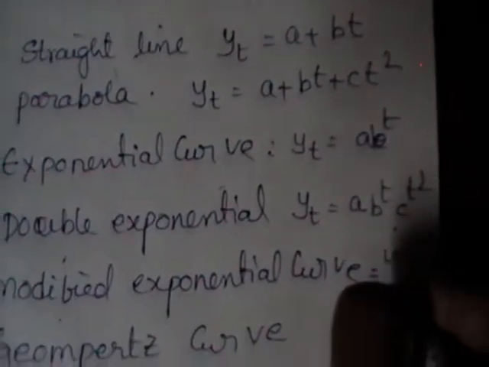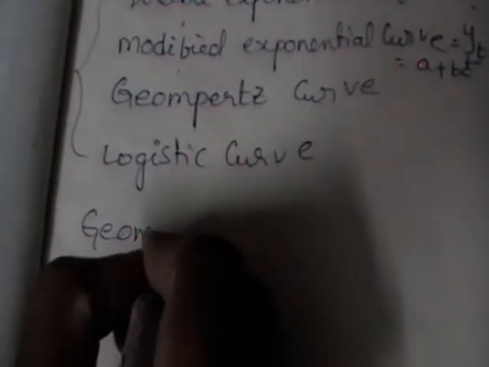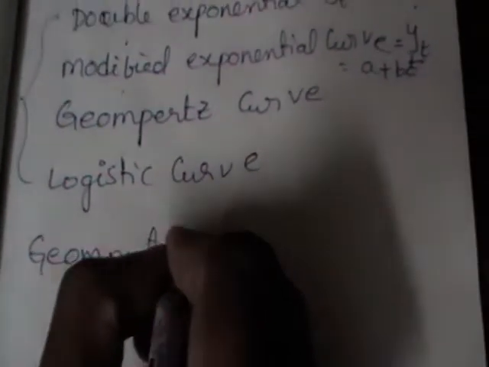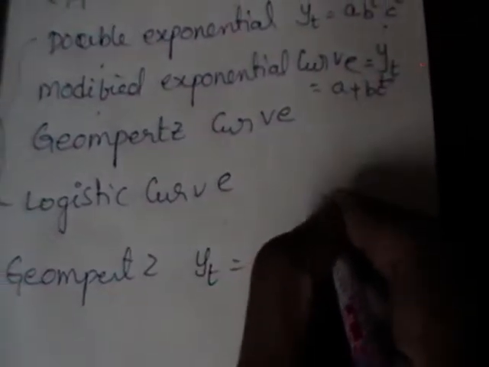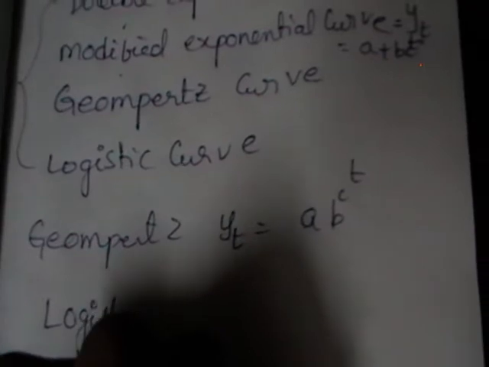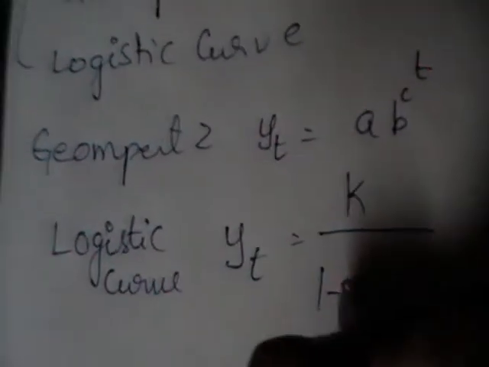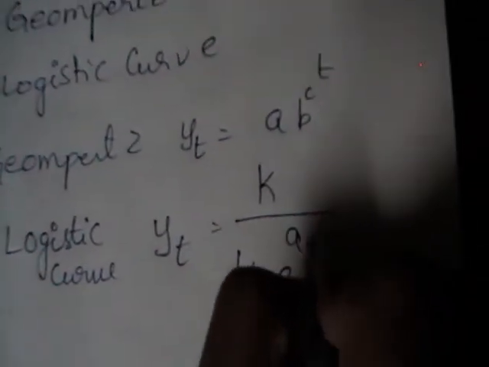This is a new curve. Modified exponential is yt is equal to a plus b c power t. These are the forms of the curve. Gompertz curve is yt is equal to a b c power t. And logistic curve is yt is equal to k by 1 plus e power a plus bt.